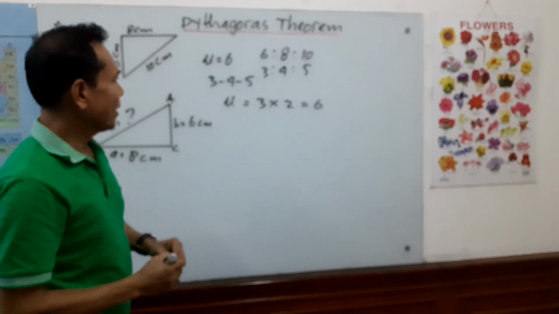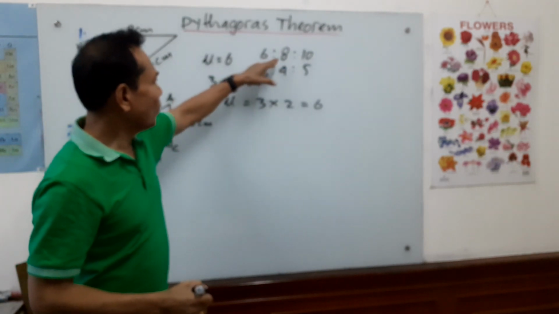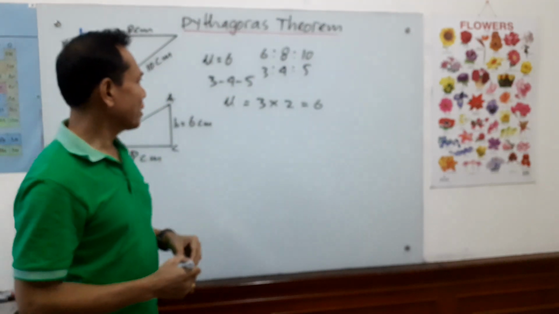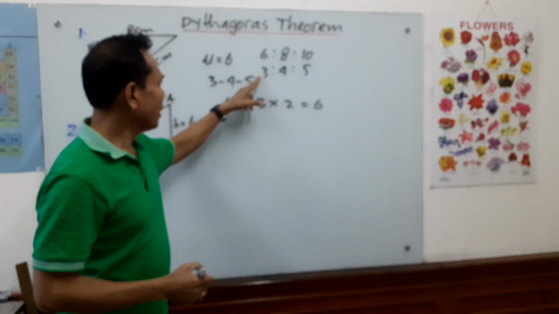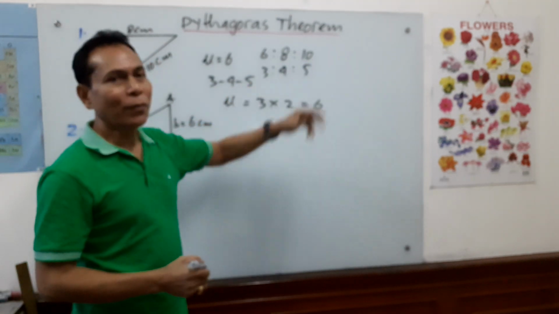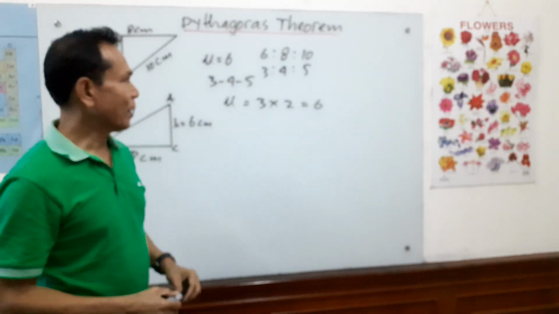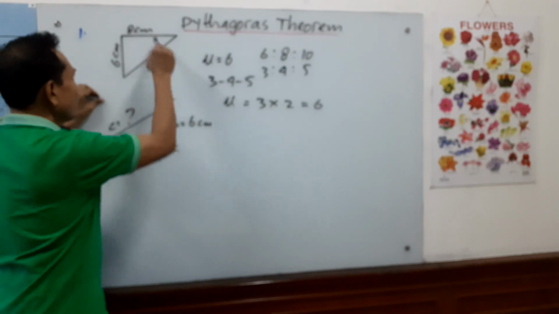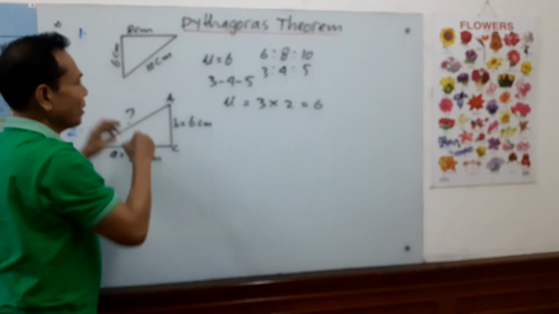All right? So 6 to 8 to 10 equals 3 to 4 to 5. Now we have 10 centimeters, 8 centimeters, and 6 centimeters here.